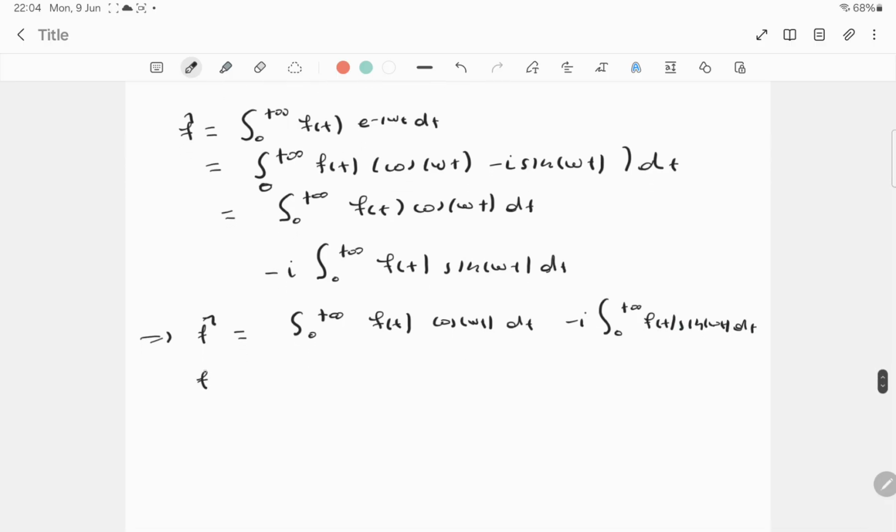And I take the conjugate complex number. It's going to be this one conjugate, so it means that it has the same real part and opposite imaginary part.